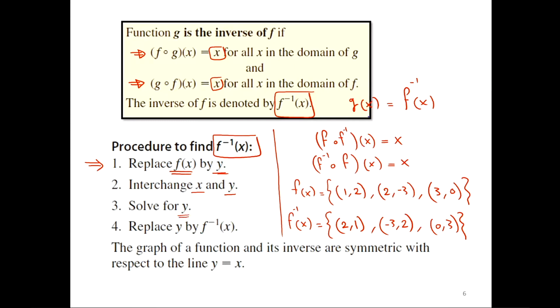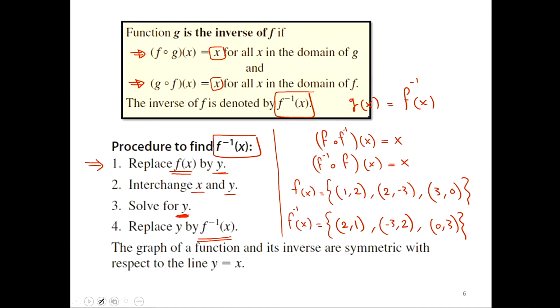Now we need to find the y equal. So we need to keep the y on one of both sides alone, without any coefficient, without any addition or subtraction or division or multiplication. Now, if we found the y, this is the f inverse. This is the value of f inverse.